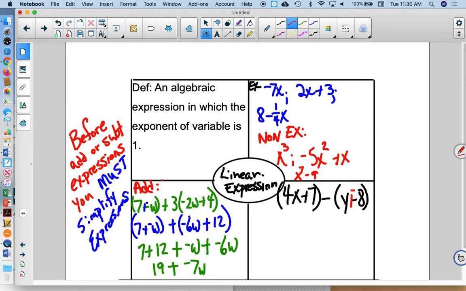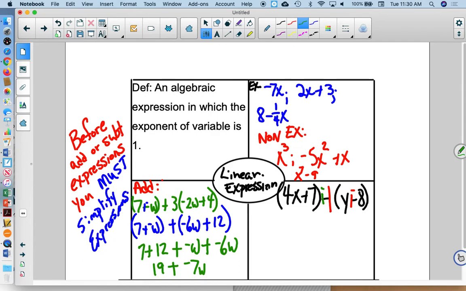What number is that, Jorlyn? 1. So I can put a 1 right there and it doesn't change a thing. Because now I have two expressions being subtracted, and in our stuff it says rewrite as a sum. So I'm going to rewrite, add opposite. Do you agree?